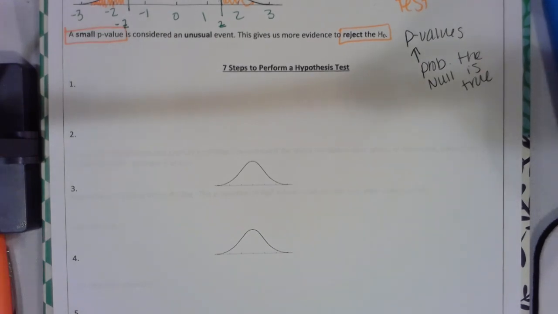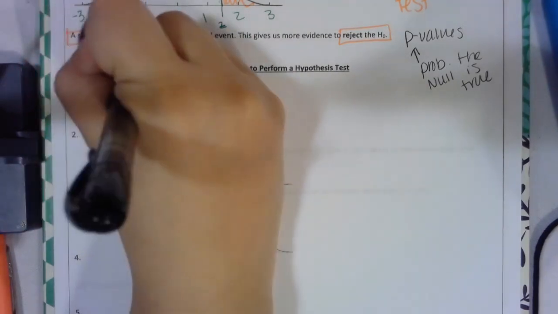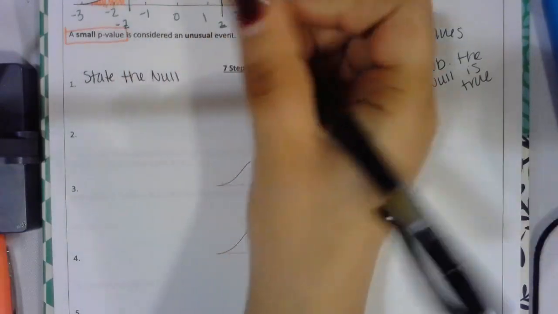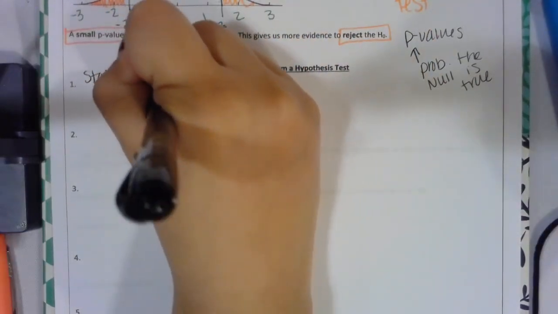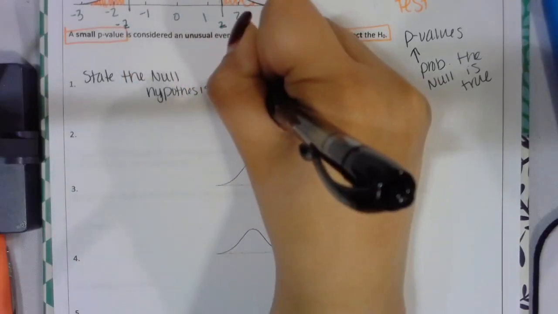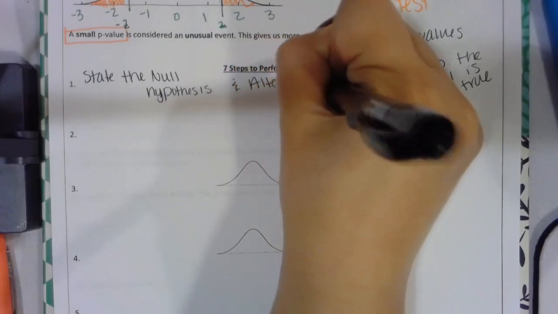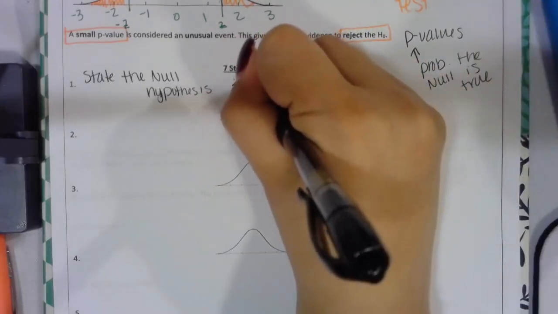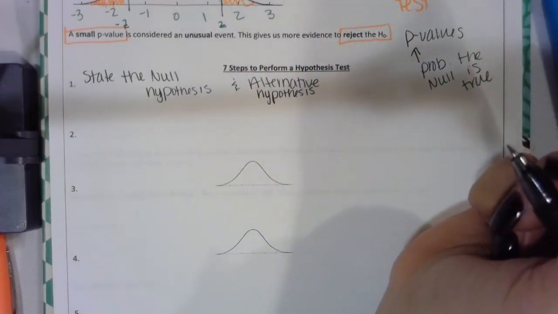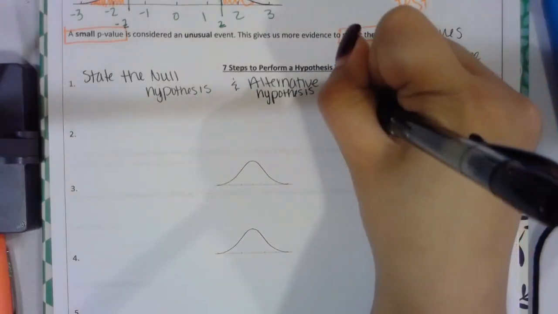Alright, so to perform a hypothesis test, like we did in the last part, you first have to state your null hypothesis and your alternative hypothesis. So this is where you say H-O, H-A.